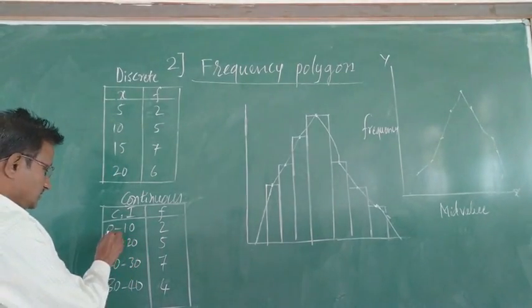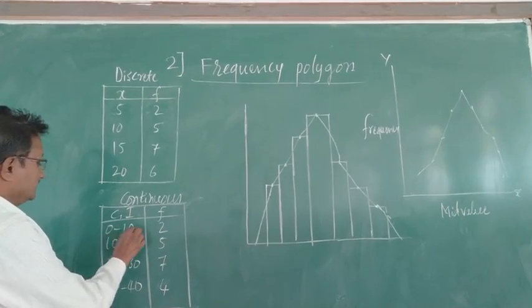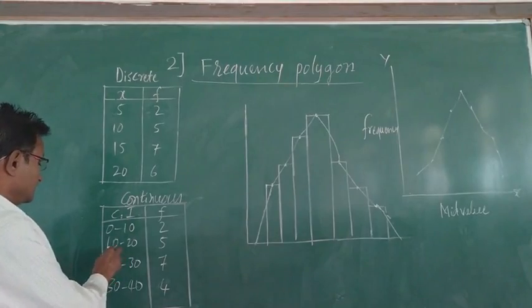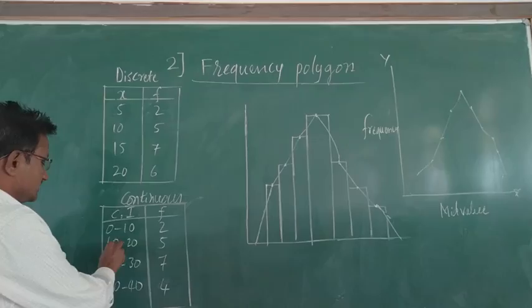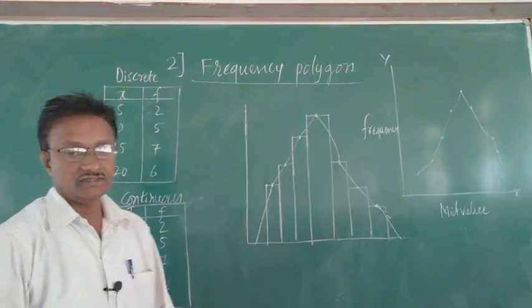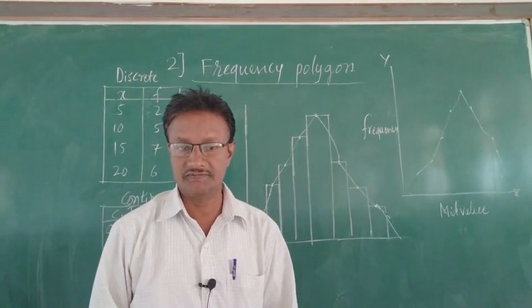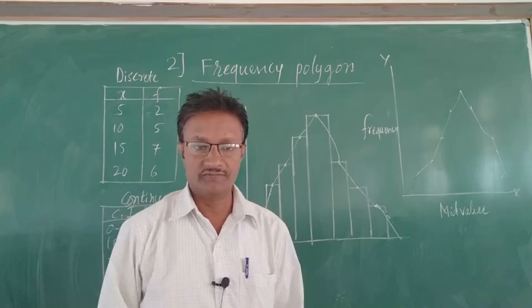So here 0 is the lower class boundary and 10 is the upper class boundary. Likewise in the next group, 10 is the lower class boundary, 20 is the upper class boundary. We have to take the average of these values of a group.